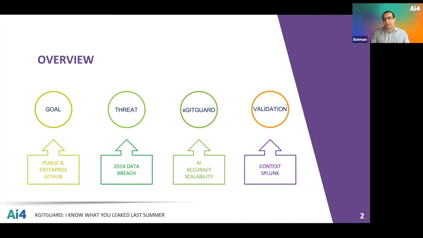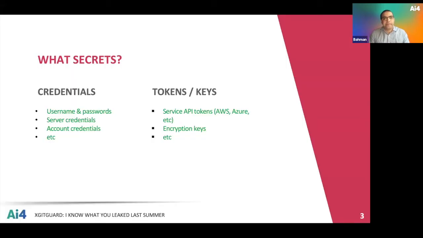Once we have all this detection from XGITGuard, there is an extra level of validation. The secrets that we find go through a machine learning model that does the validation and makes sure that they are true positives and not false positives. This helps us to have a higher accuracy compared to other tools in the area.